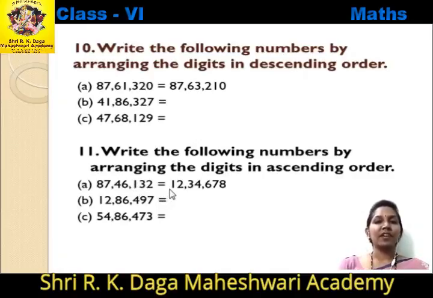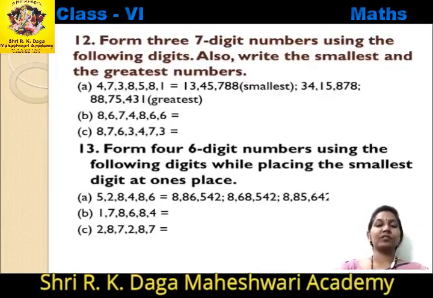So first we will write 1, then 2, then 3, after that 4, 5 is not there, so we will write 6, 7 and 8. Hence the new number formed by arranging the digits in ascending order is 12,34,678. Now come to the next question.